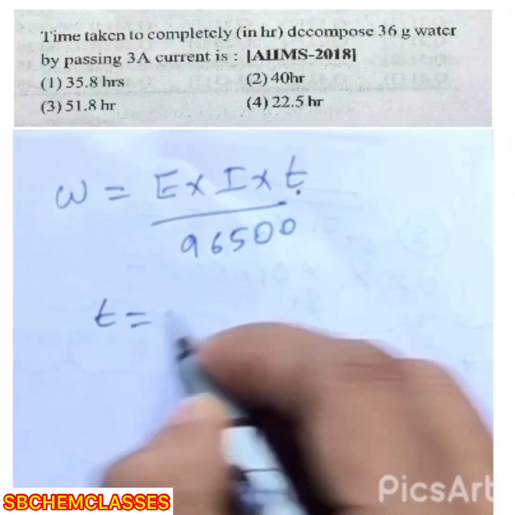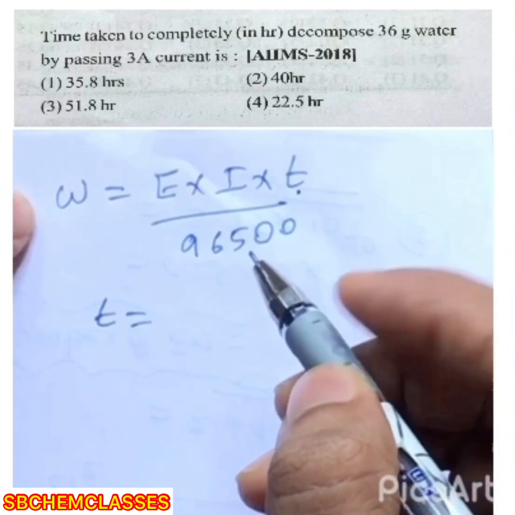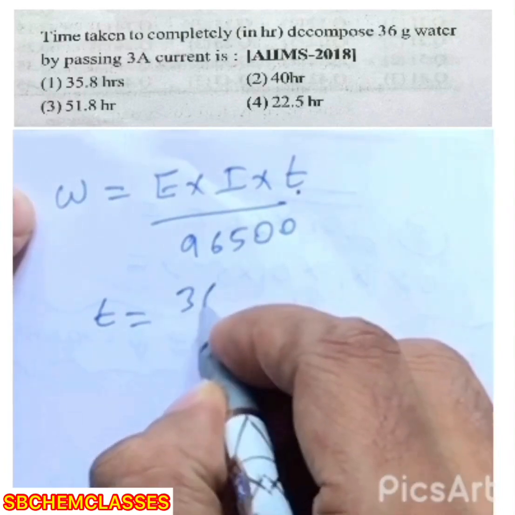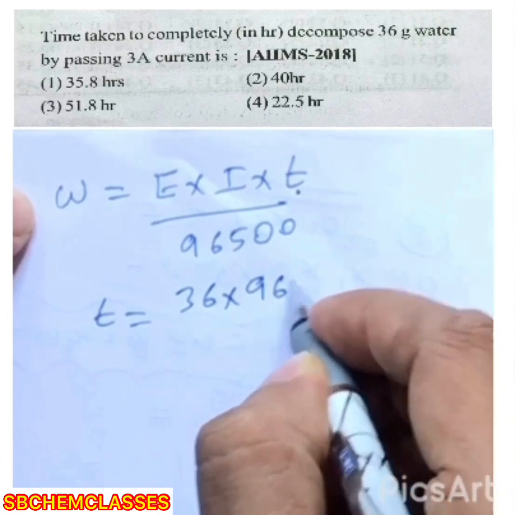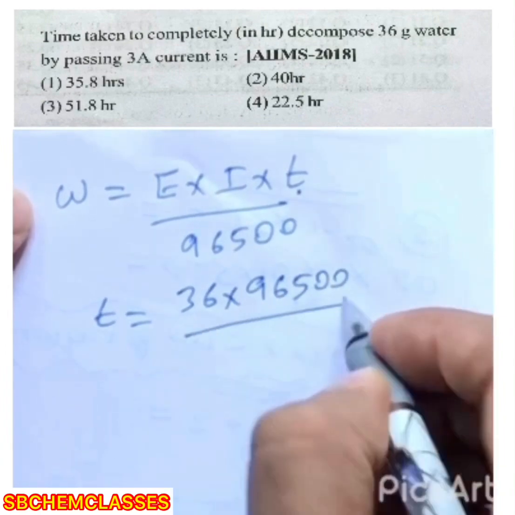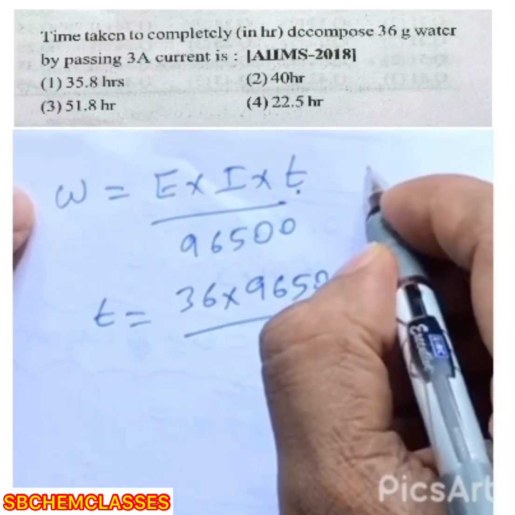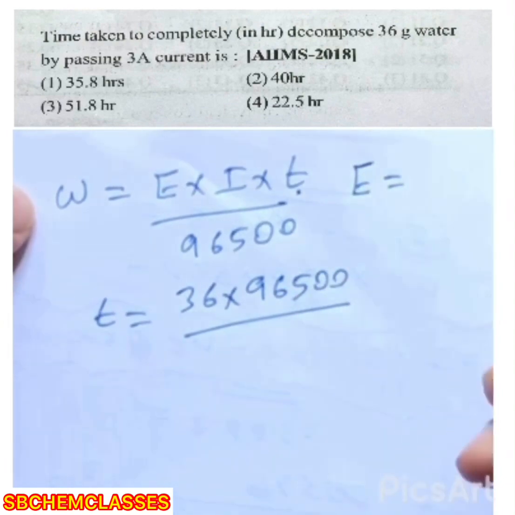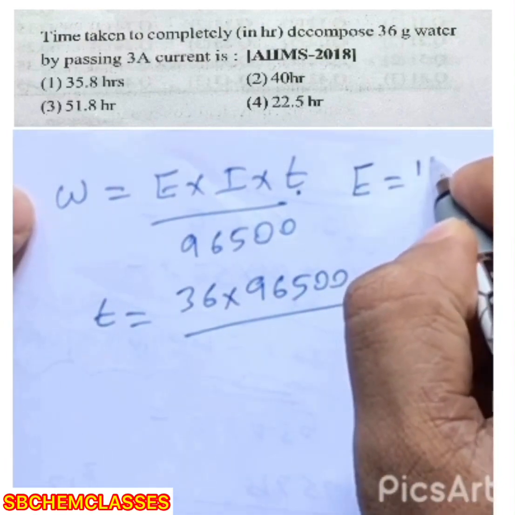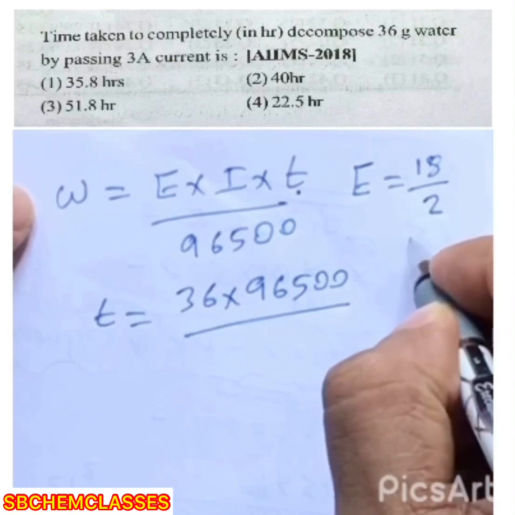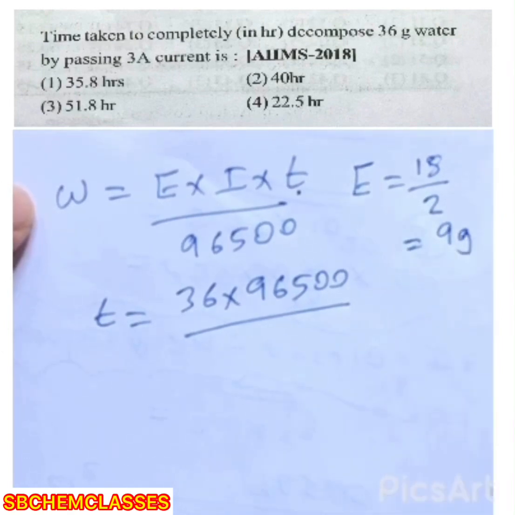What will be time? W, that is 36, into 96500 by E, where E is equivalent mass. Equivalent mass of H2O is 18 by 2, that is 9, because molar mass of H2O is 18 and in water it has valency 2, so that is 9 gram.